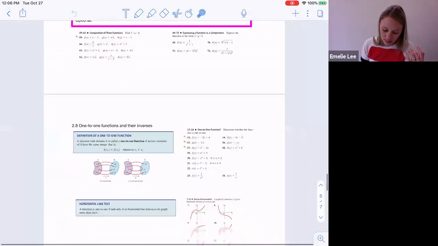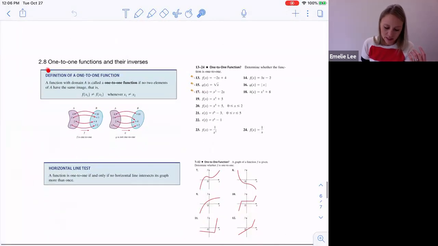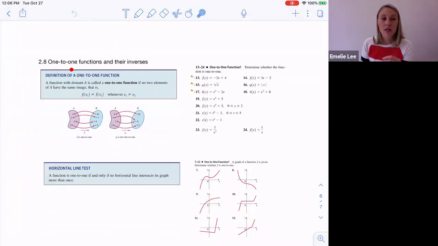But we are going to get into one-to-one functions and their inverses. This is the last section in chapter 2. And so the last section on pure functions, we're going to keep dealing with functions throughout the course, of course, but this is kind of a big section of this chapter.